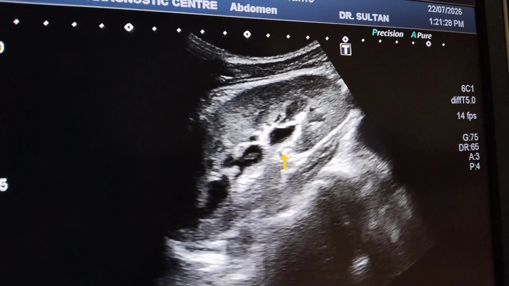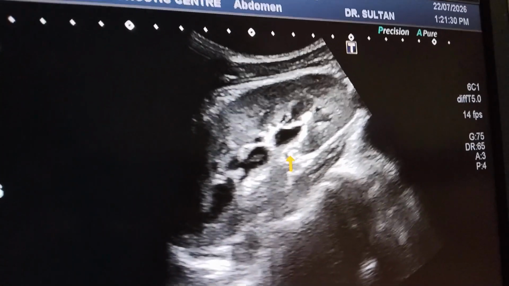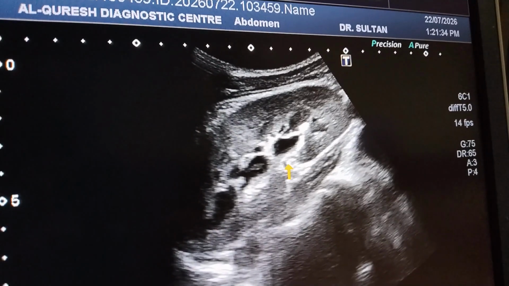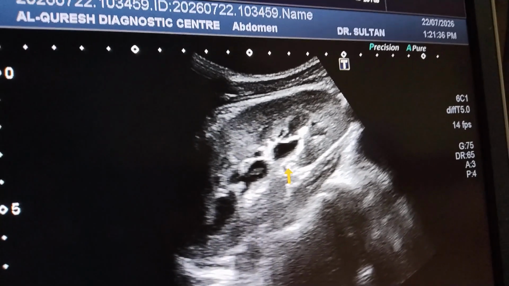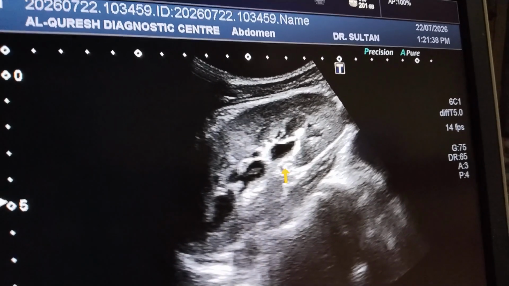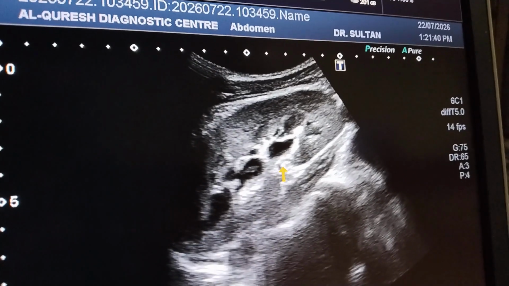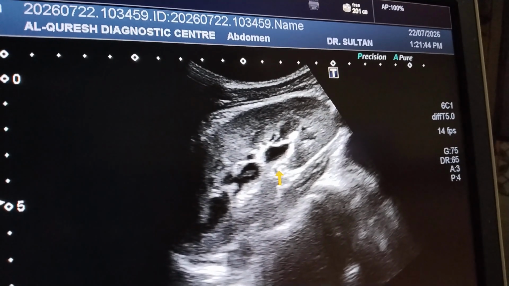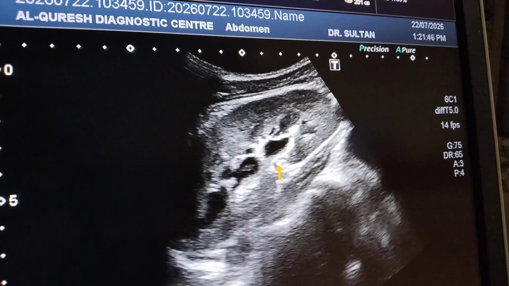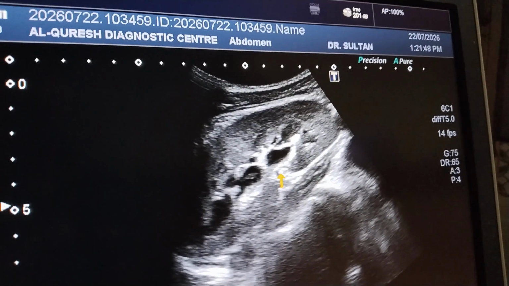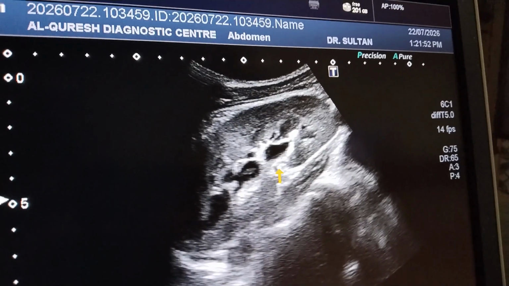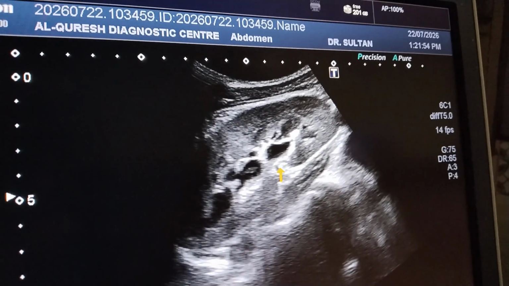In my opinion, don't force yourself to diagnose a calculus if it is not confirmed. You can write indeterminate echogenic focus in the renal sinus, so a tiny stone cannot be excluded. So you can write in this way.